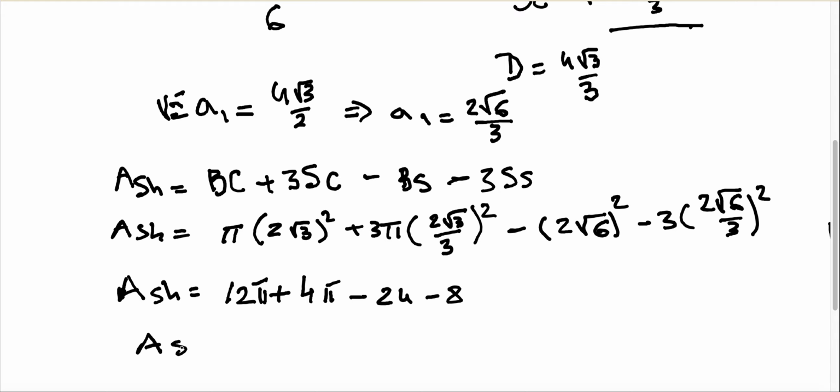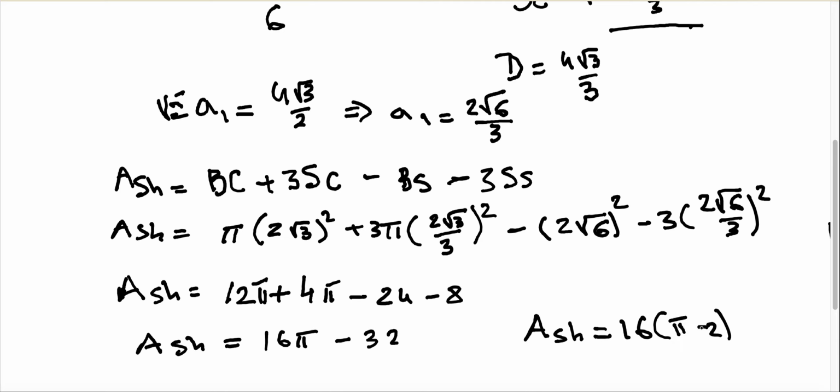And if we simplify further, it is 16 pi minus 32. Or to write it in a better form, I would write this way: the shaded area of the figure is equal to 16 pi minus 32 units squared.